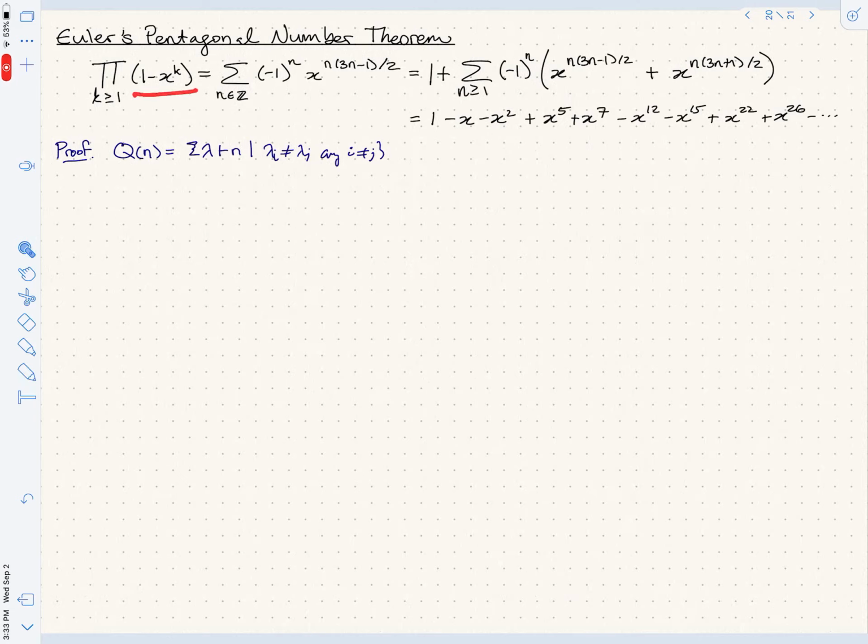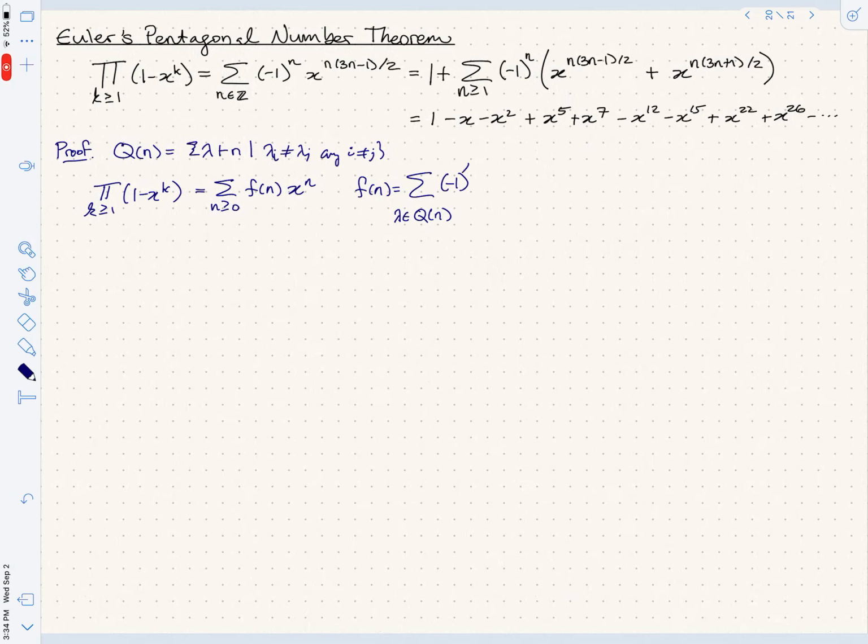But notice that up here we have 1 minus x to the k. So what is that doing? Well, that's telling us the product over k greater than or equal to 1 of 1 minus x to the k is equal to the sum over n greater than or equal to 0 of, let's say, f of n, x to the n. It's the generating function of something, of what? Well, f of n is equal to the sum over partitions in Q of n.